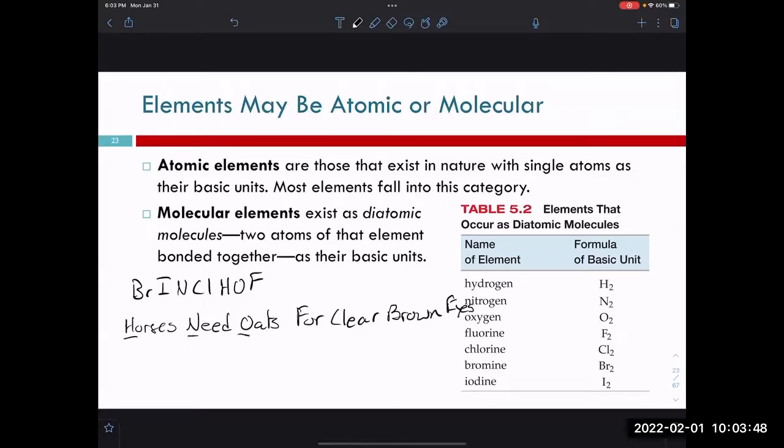So H N O F Cl Br, oh, eyes, but it's the letter I for iodine. So whatever silly acronym works for you and helps you memorize those.